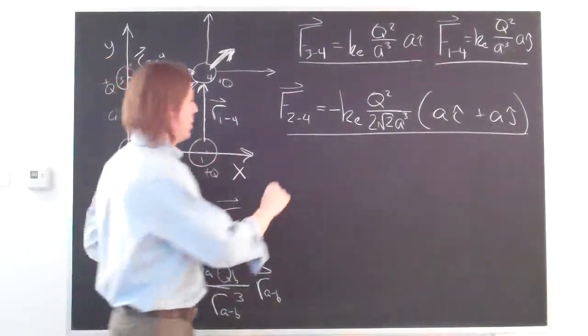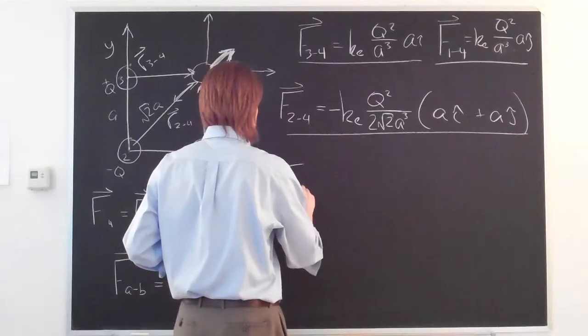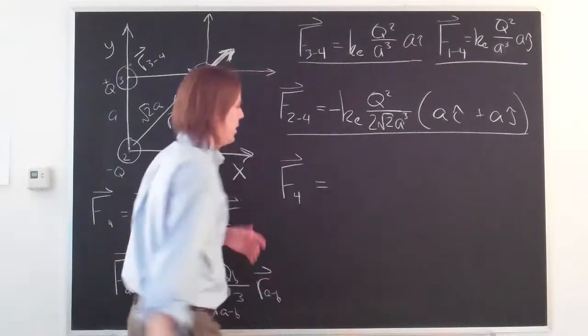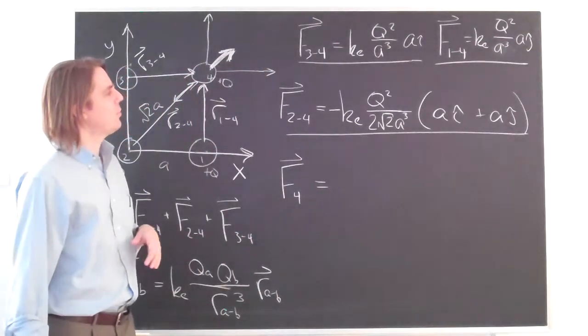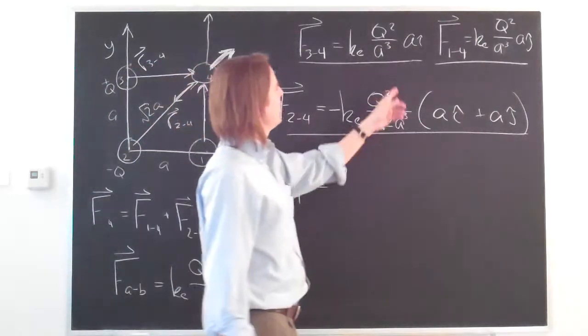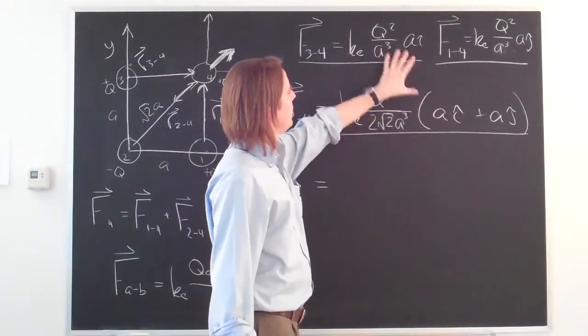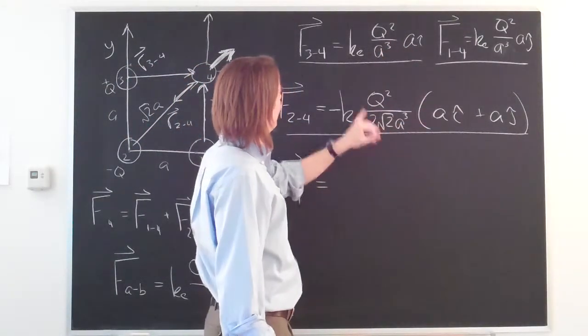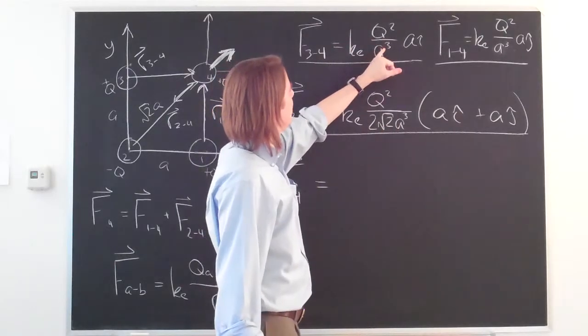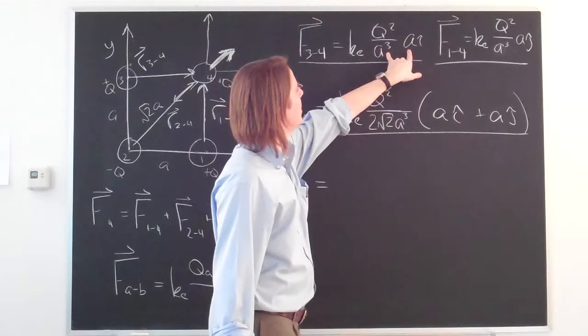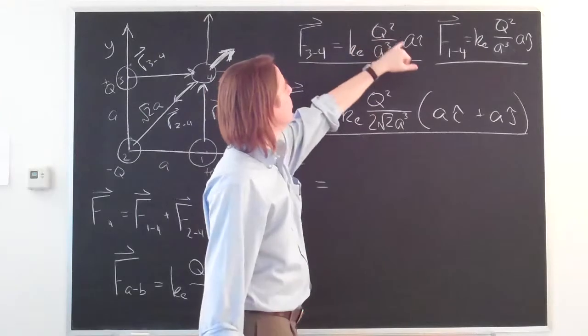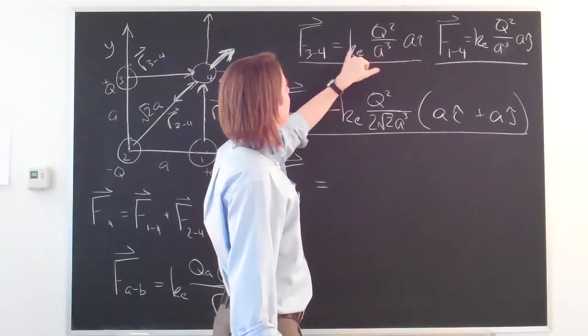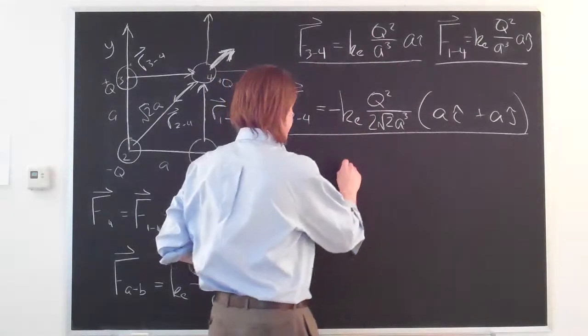To get the total answer for F4, we have to add the components, so we need the x components in common. The I hat is the x direction, so we have Keq squared over A cubed, although it's actually A squared, those will cancel. So it's 1 times Keq squared over A squared.